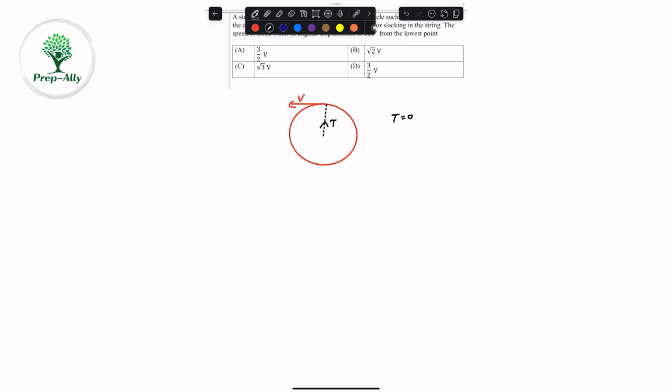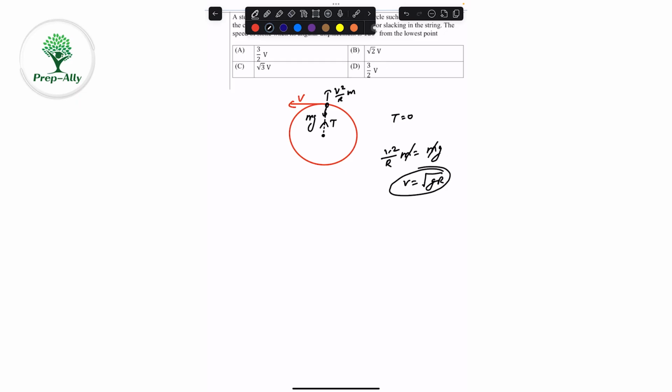T is equal to 0, we can say approximately 0. That means upward force, which is mv square by r, and the downward force of the particle, which is mg, has to be equal. So we got mv square by r is equal to m into g. m gone, we will have v square is equal to gr. V is equal to root of gr.